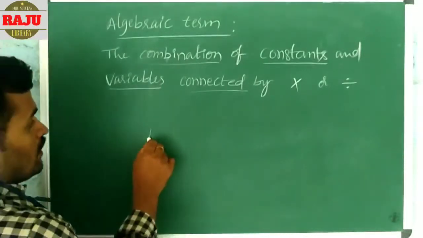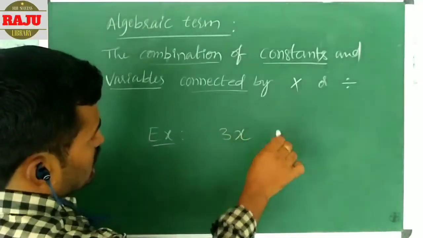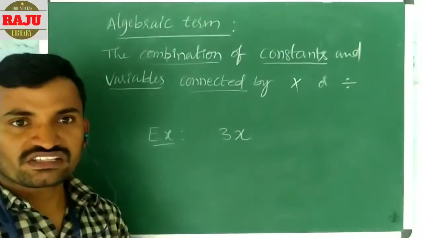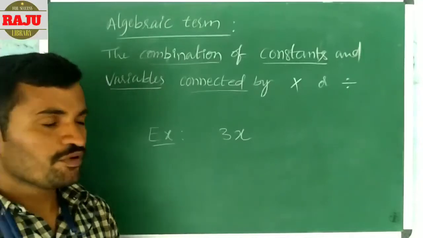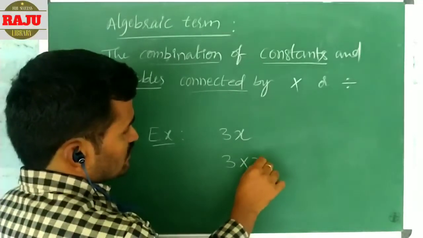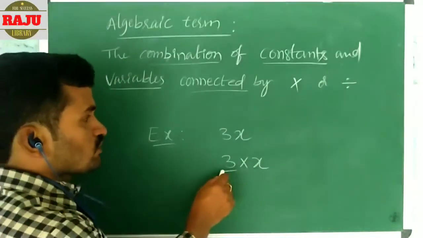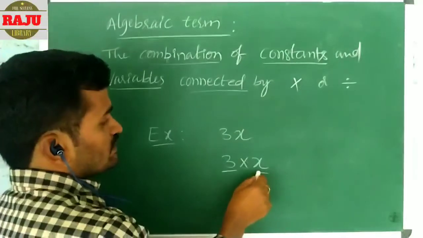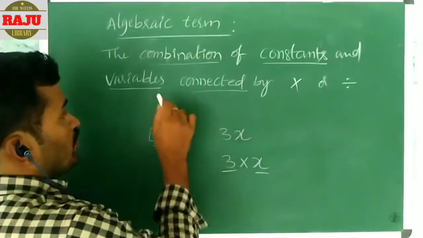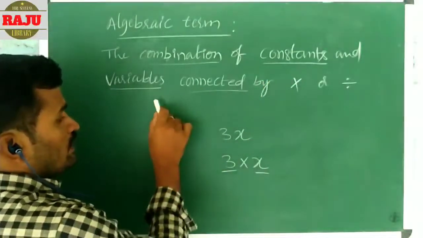Here I am taking an example. If you take 3x, 3x is an algebraic term. Why? Because 3x we can write as 3 into x. Here 3 is called a constant, x is called a variable.